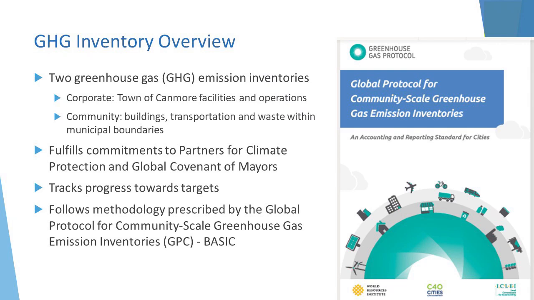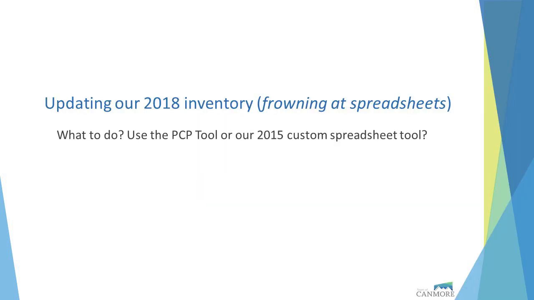So getting into the experience a little bit. When it came down to updating our 2018 inventory, I gave it a little name called Frowning at Spreadsheets, because that's what I spent a lot of my time doing. We had a decision to make of how to do this inventory. In 2018, when our consultants put together our climate action plan and developed our baseline, they put together a spreadsheet that they did manually.